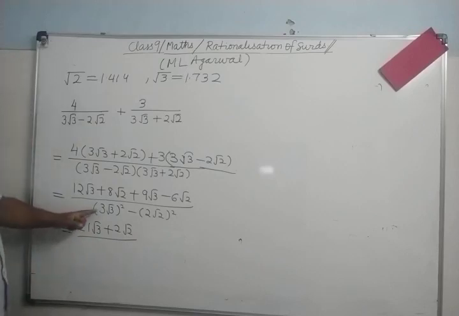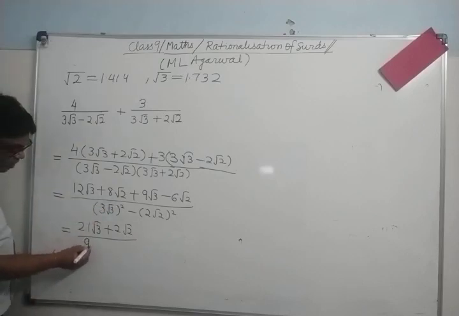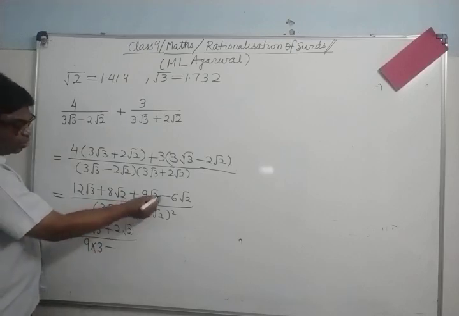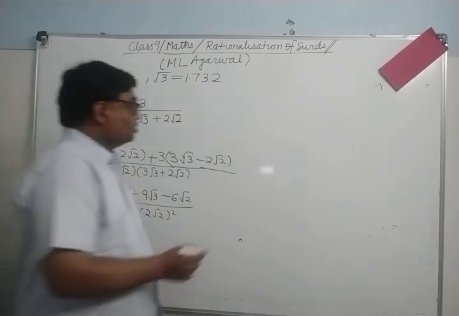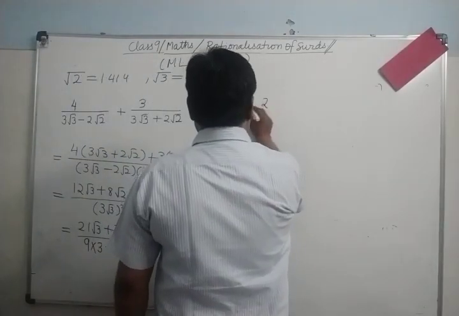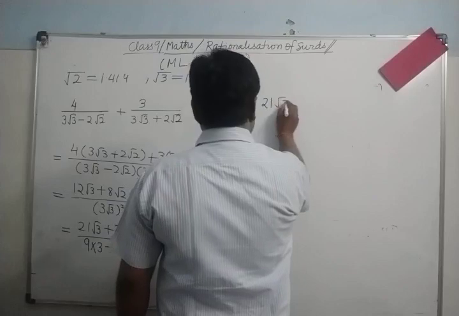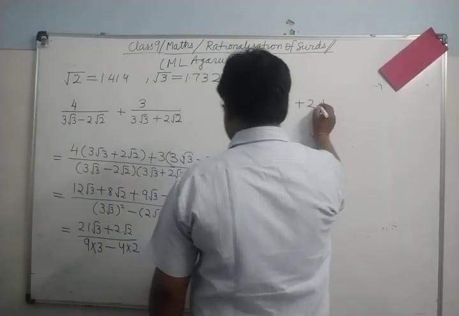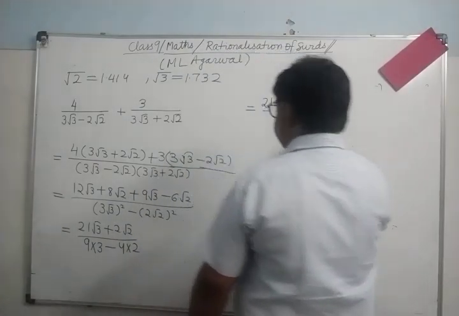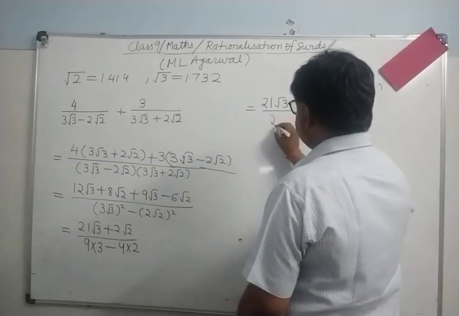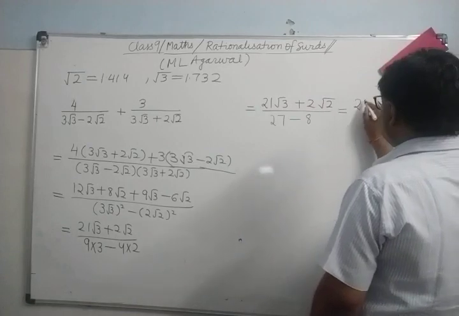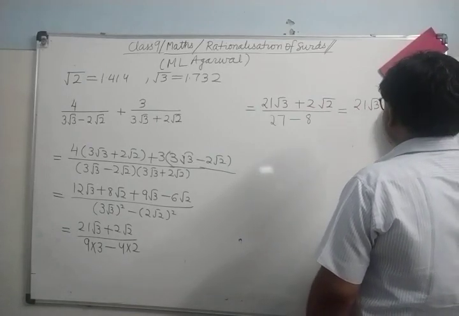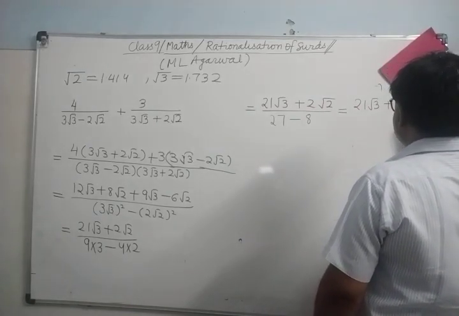In the denominator, what is 3 square? 9. Root 3 square is 3, minus 2 square is 4. Root 2 square is 2. So you can see it is 21 root 3 plus 2 root 2 upon 9 3s are 27 minus 2 into 4, so it is 21 root 3 plus 2 root 2.